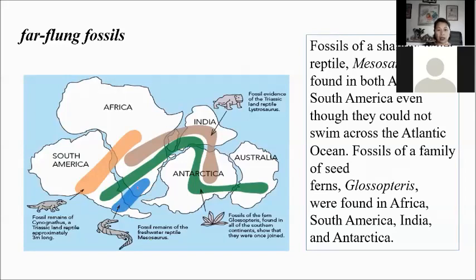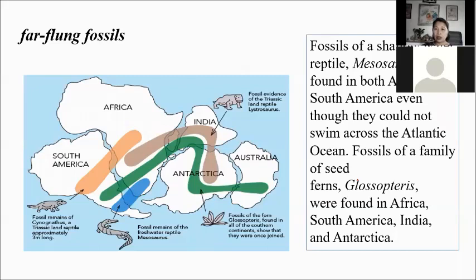So these blue ones, dito nakita yung fossil remains of Mesosaurus. So since Mesosaurus could not swim across Atlantic Ocean, this is clear evidence that the southern part of America was once connected to the southern part of Africa. No? So dito, nakikita yung fossil remains ng Mesosaurus.